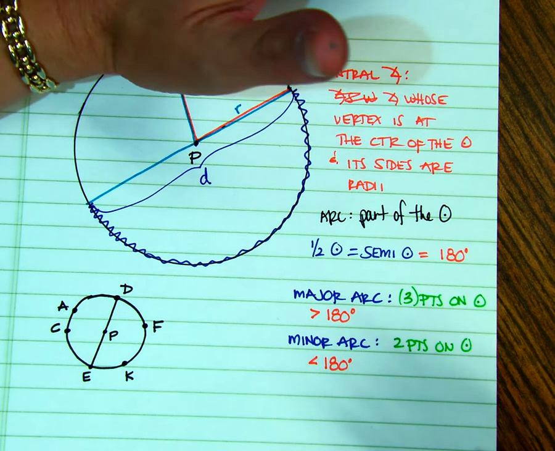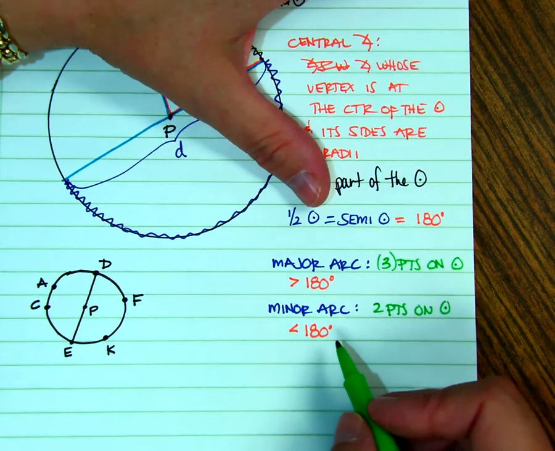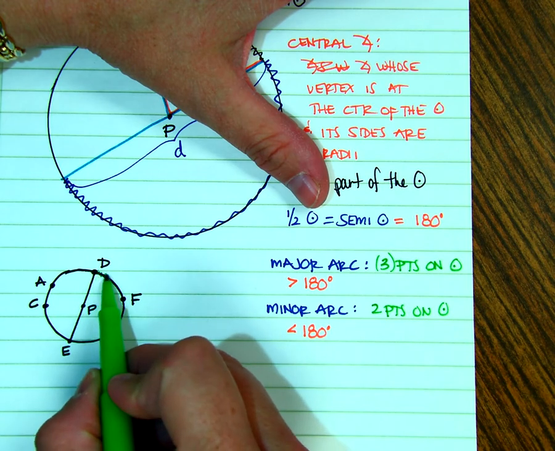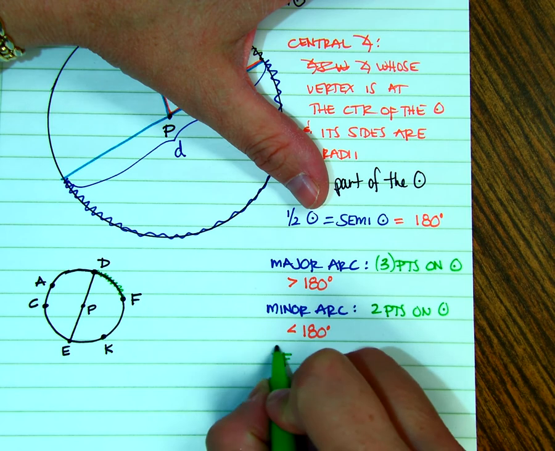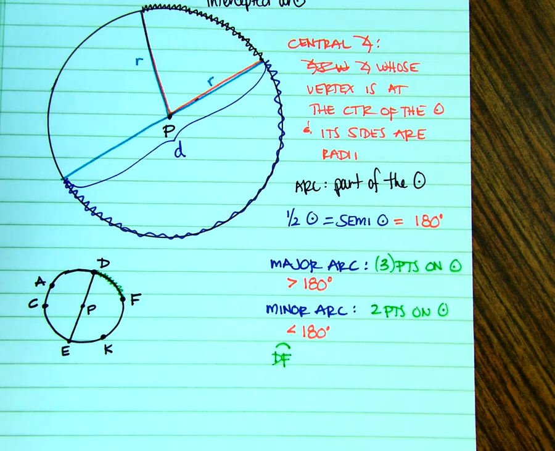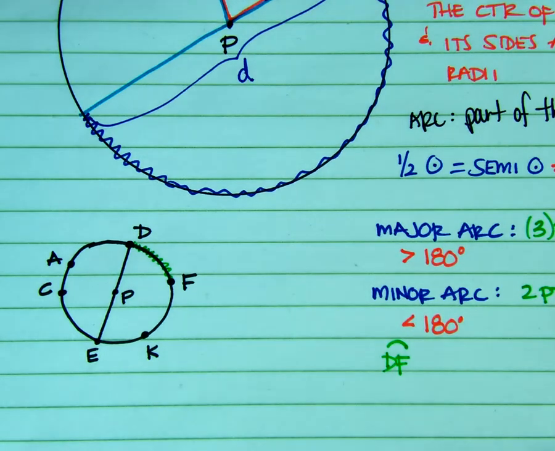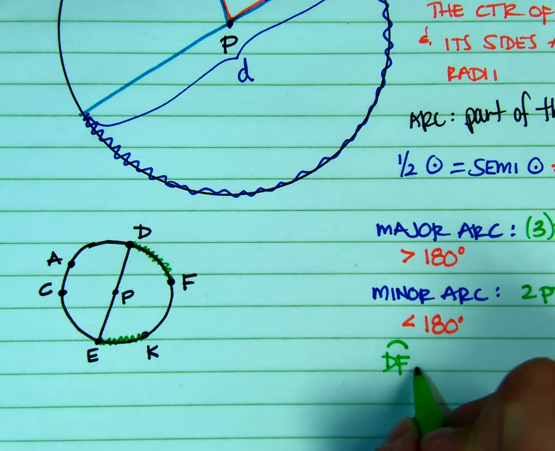A minor arc has to be less than 180. And just like lines or segments, arcs have their own special symbols. For some minor arcs in this diagram, I was talking about this piece here. I can say that that is arc DF. Okay, so I have arc DF. I could be talking about this one, and say arc EK.